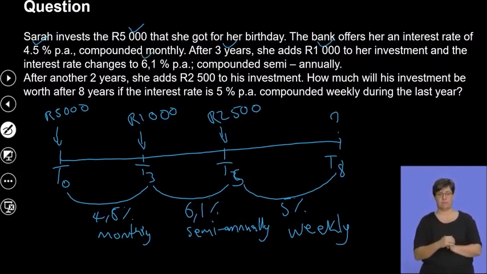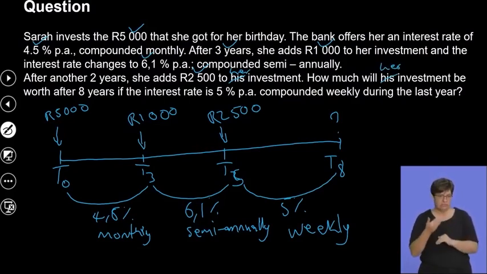Now they're saying after 2 years, she then added the 2,500, and we've shown that. And then how much will her investment be worth after 8 years if the interest is 5%.